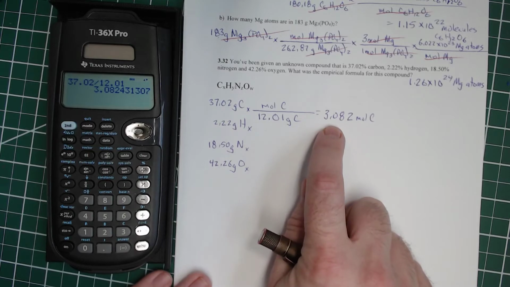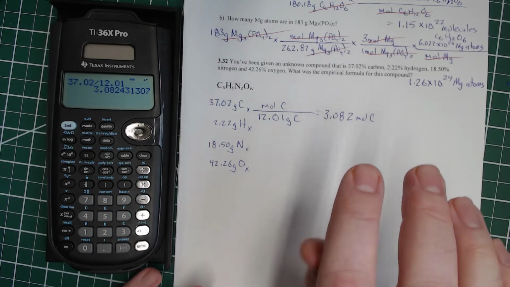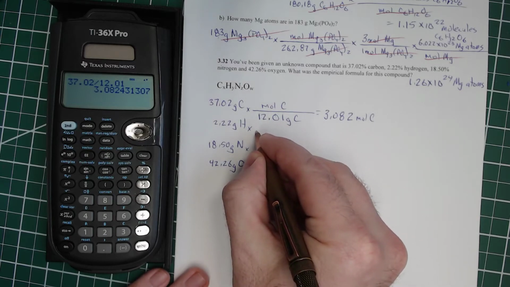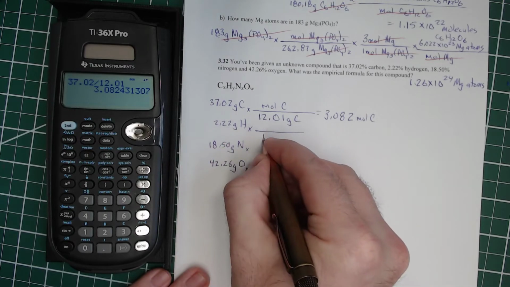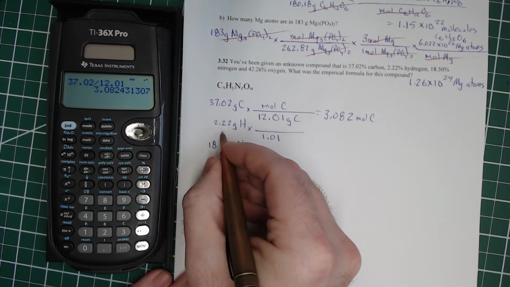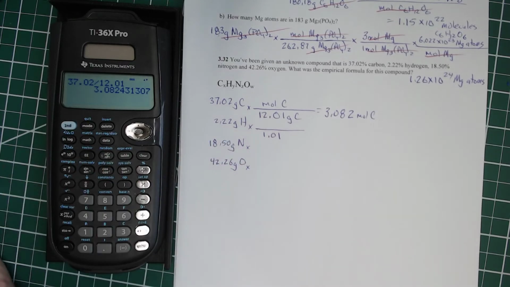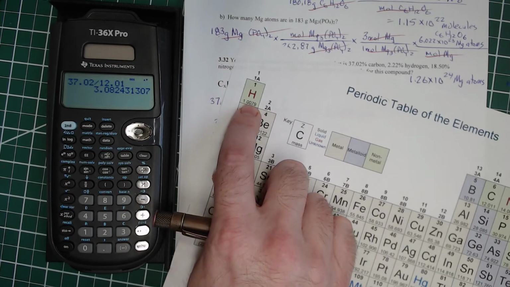A common mistake here is to say, oh, I can round that to 3. No, don't do that. That is a great way to get a really wrong answer. So don't do that. All right, so now for hydrogen. So hydrogen, we usually round it to 1.01. If you happen to have more than 3 sig figs here, then you'll want to go out one more significant figure and do 1.008.